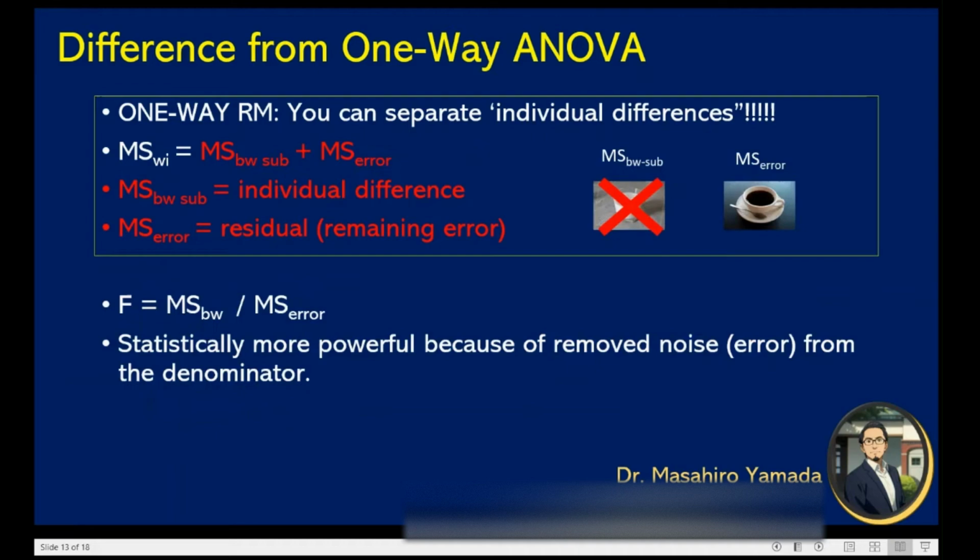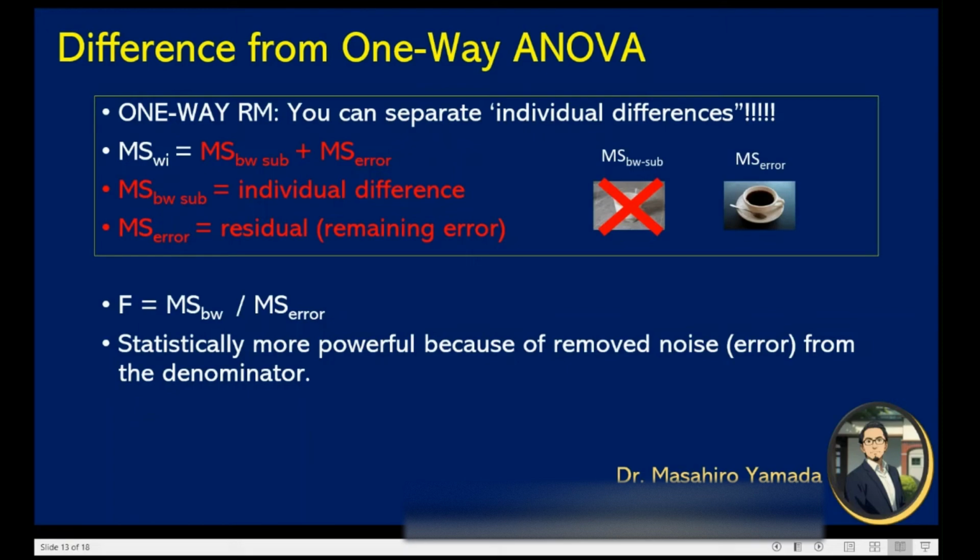So the consequence is that mathematically the numerator is going to be identical, but the denominator is not MS within treatment anymore. It is MS within treatment after removing the individual difference. So automatically the denominator will be smaller, especially for human subject research.